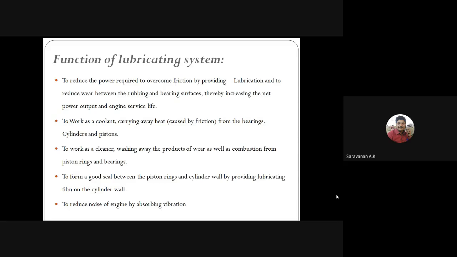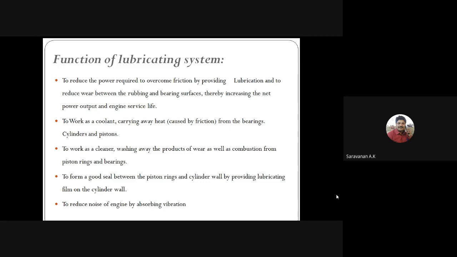Once the frictional force is reduced, wear and tear is reduced where the rubbing occurs, and thereby the heat generated also reduces. Then the power output will not be affected, so the losses are controllable. This is the main function of the lubricating system.